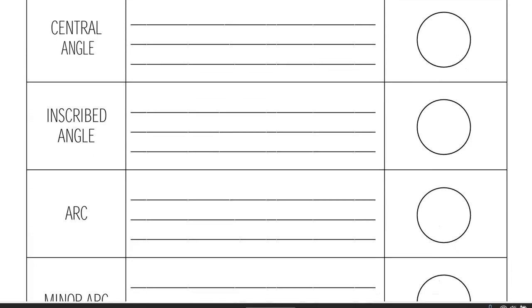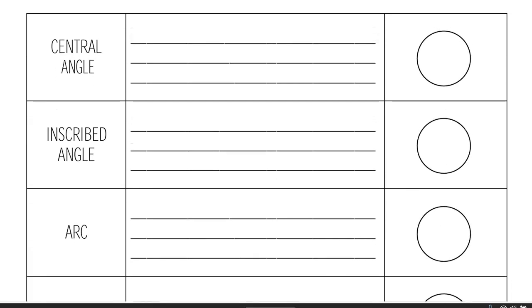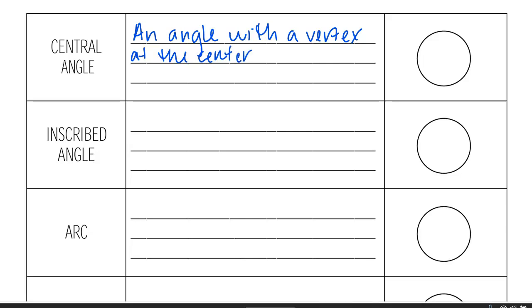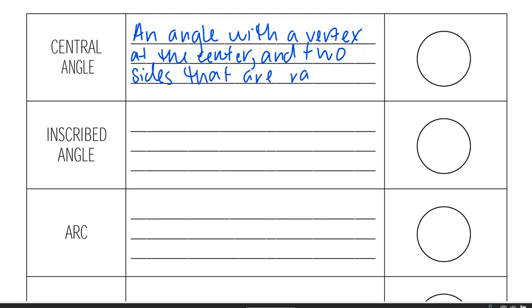All right, then we have a central angle. This is an angle with a vertex at the center. Remember that the vertex of our angle is like your middle letter. And it has two sides that are radii.